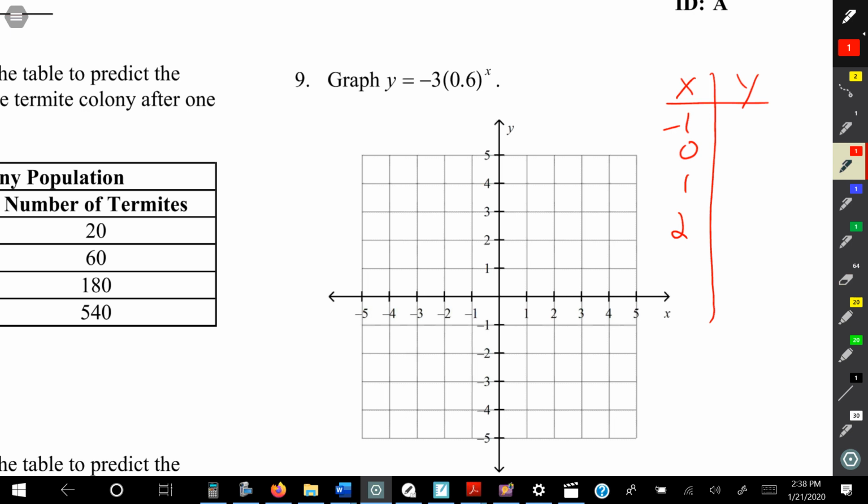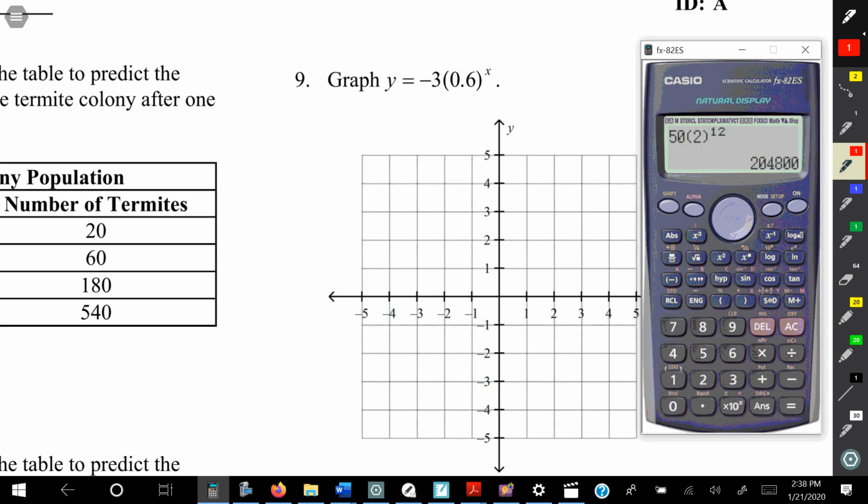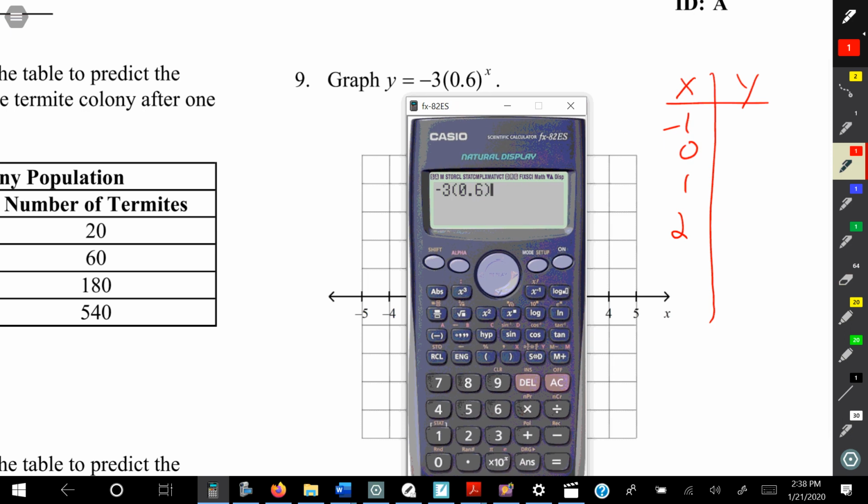And then what I'm gonna do is plug in each value into the calculator. So I have -3 times 0.6, close parentheses, and raise it to this -1. So that's going to be -1.